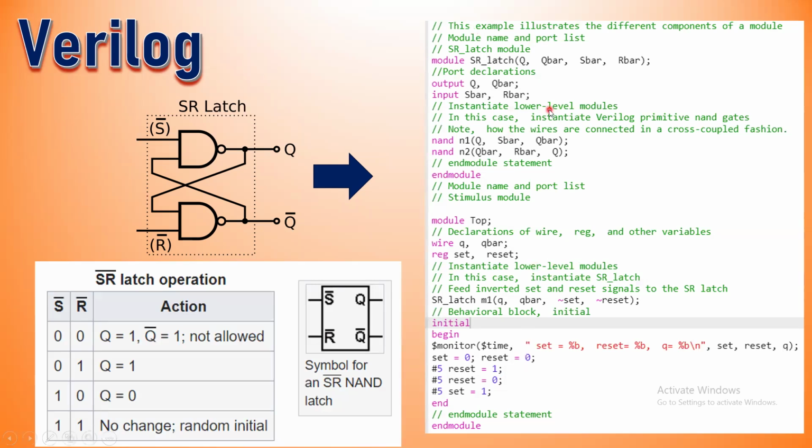This code contains both the design code and the test bench code. The test bench is going to provide inputs to the circuit, and it is going to monitor the output of the circuit. We have got this written in the same file.